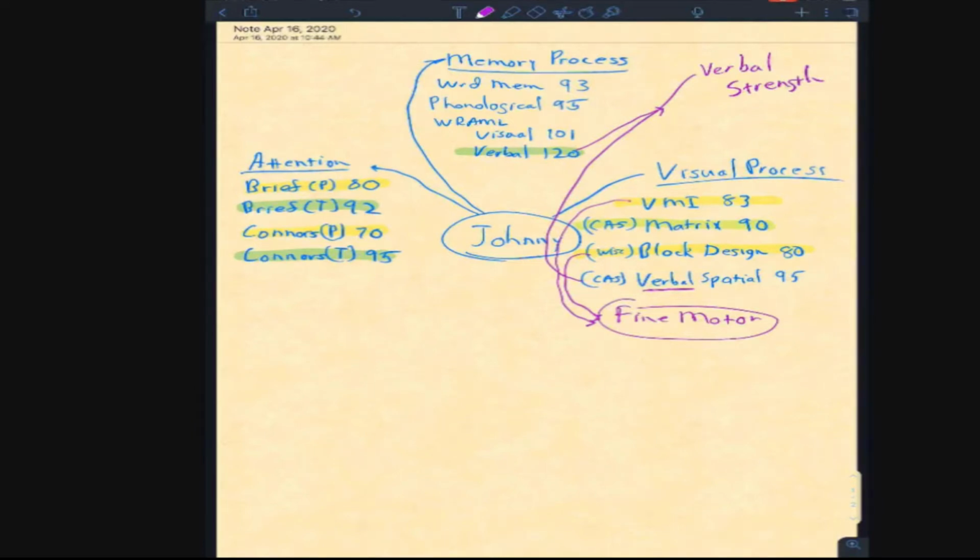It's not even consistent with an attention processing issue. But it is consistent with an executive functioning deficit. Executive functioning students often respond well to the structure they have at school. So I'm going to just make a note right here that this equals an executive functioning deficit.